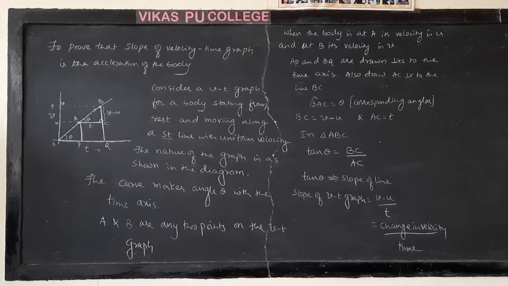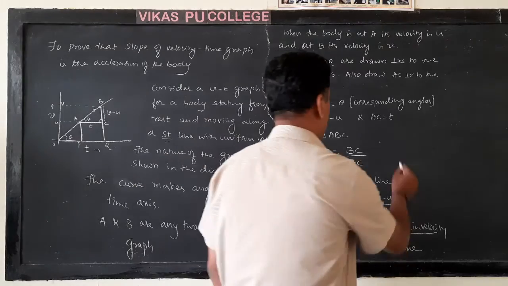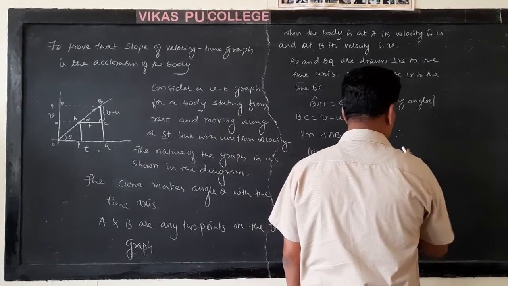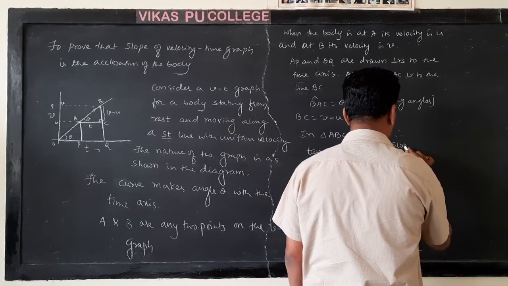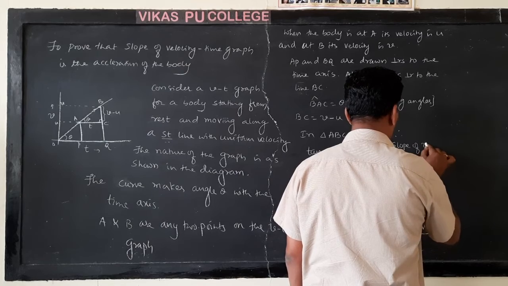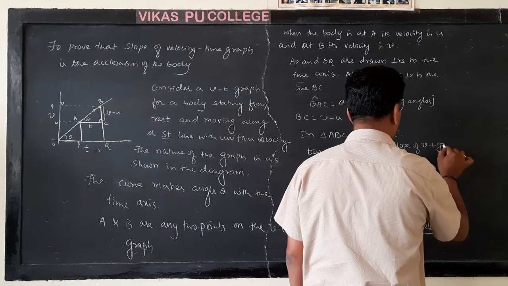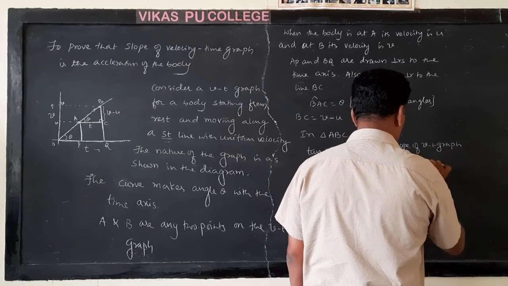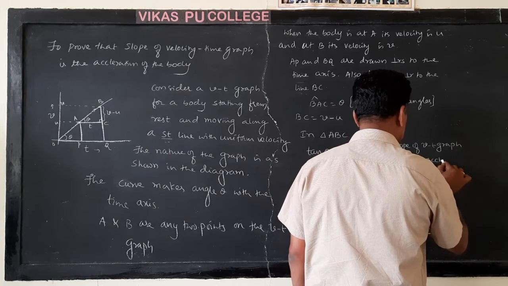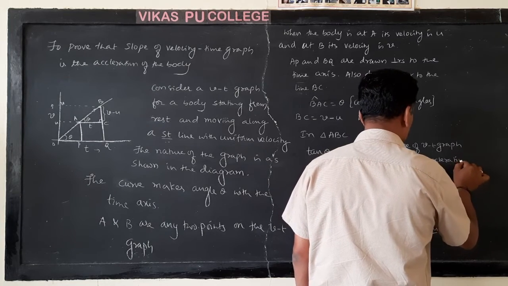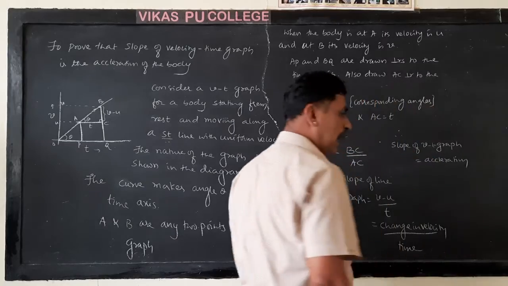Therefore, slope of VT graph is the acceleration of the body at that instant.